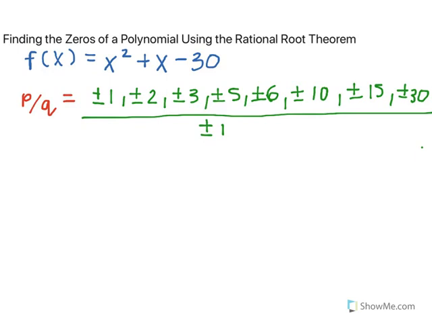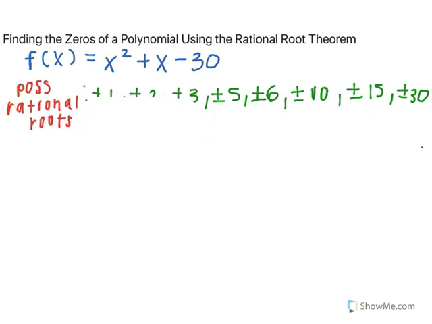That would just equal the numerator because we are only dividing by 1. So once again, our possible rational roots are plus or minus 1, 2, 3, 5, 6, 10, 15, and 30.